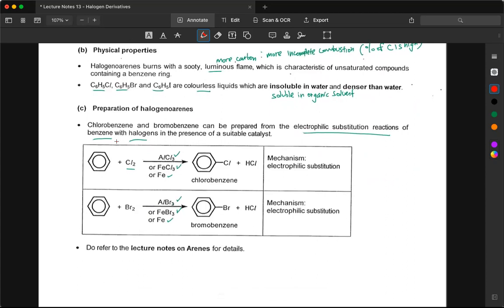Chlorobenzene and bromobenzene can be prepared from electrophilic substitution reactions of benzene with halogens in the presence of a suitable catalyst, which we should not elaborate here. If you want, I can prepare a video on chemistry of arenes and benzenes, where we talk about electrophilic substitution in detail, how the mechanism occurs.